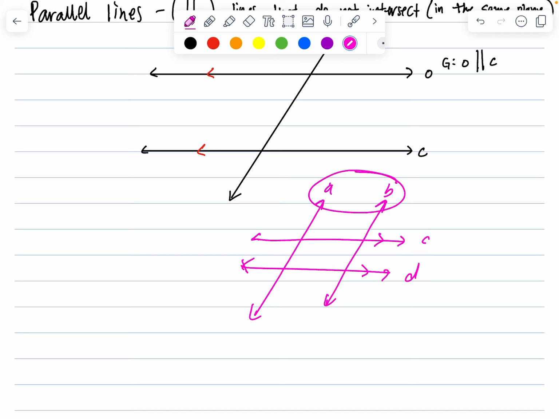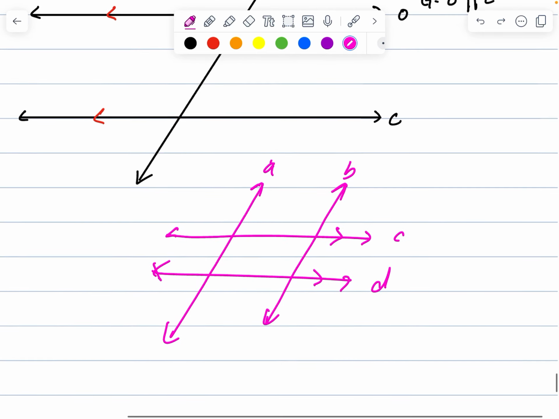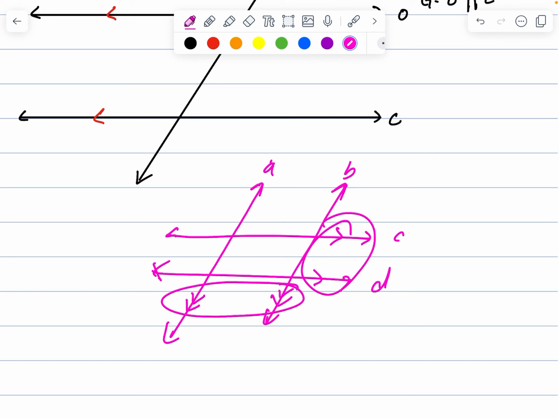But then we could also say A and B are parallel, but we need to make a distinction, because if these have one set of arrows and we want to say A and B are also parallel, we can't use one arrow and one arrow, because it would imply that these are parallel to each other, which doesn't make sense because we clearly see an intersection. So we put two arrows if we want to show a second set of parallel lines that are not parallel to the first set.